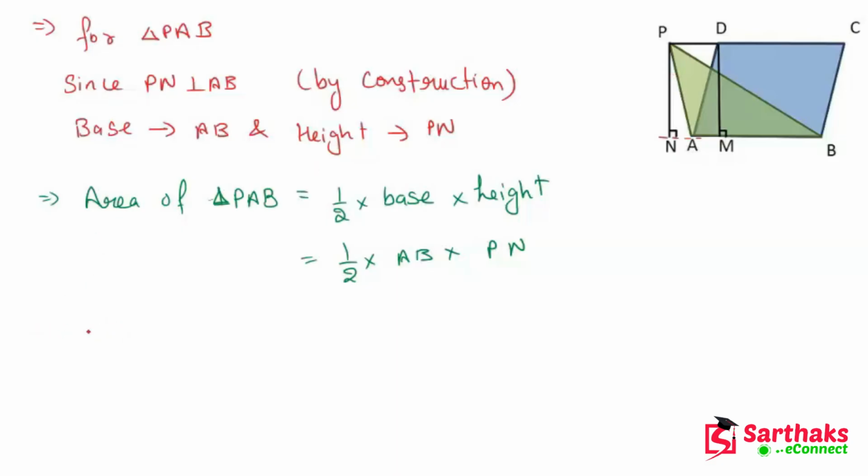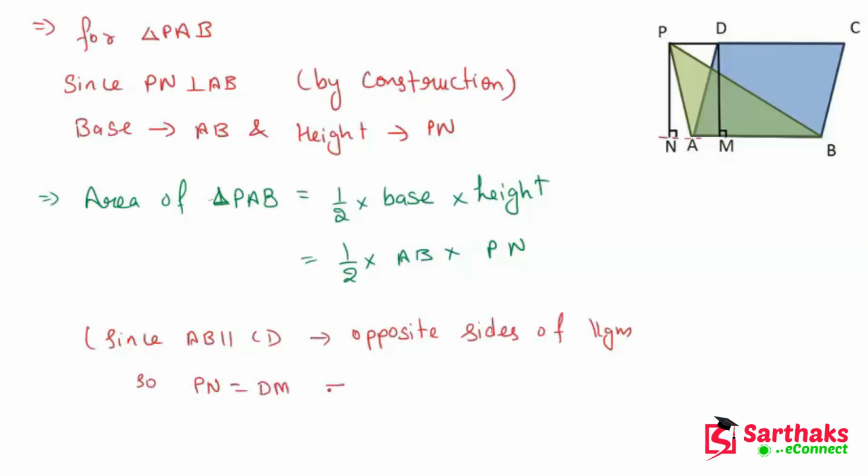Okay, so here we can write, since AB is parallel to CD, opposite sides of a parallelogram, we can say that PN is equal to DM, because the distance between parallel lines is equal.